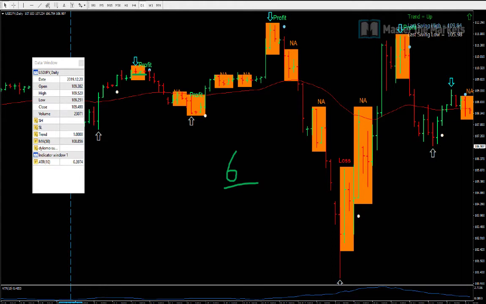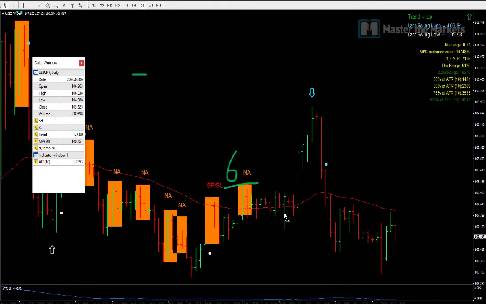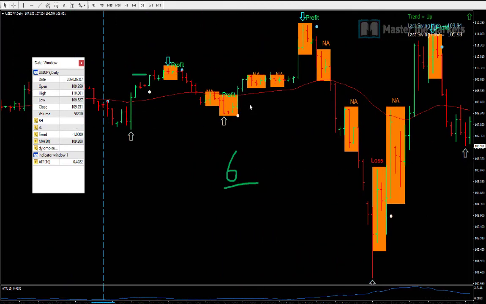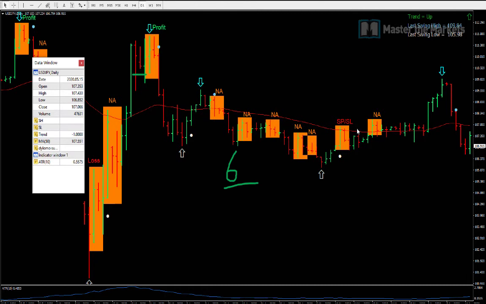So if we take a look at that, then we can see over here that there's 1, 2, 3, 4, 5, 6 altogether. How many of them profited? 1, 2, 3. Then let's see. There's 3 and 4, isn't it? 1, 2, 3, 4. Now let's take a look at what I've done over here. I've done SP/SL over here.